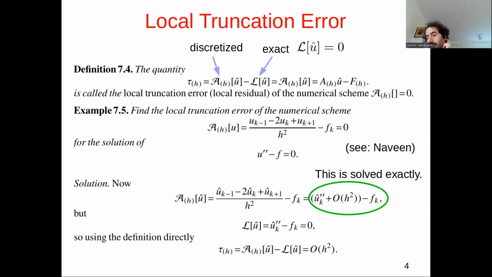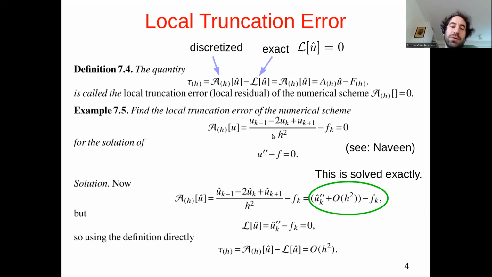As we saw from Naveen on Wednesday, we can discretize our equations by discretizing our derivatives. When we have a second order spatial derivative of some quantity u, we can discretize it with a second order stencil.